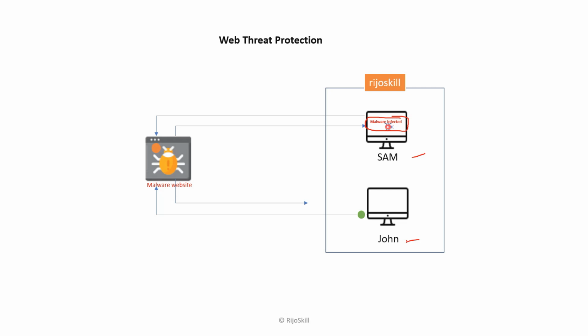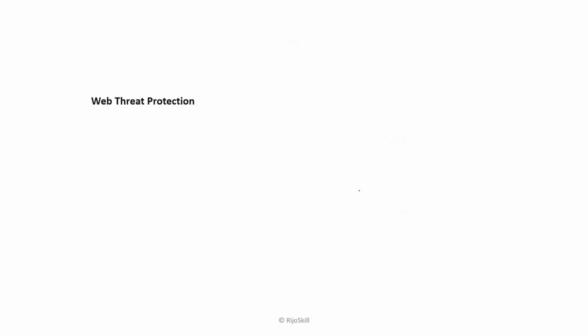The same with John's device. John requests the same website. In return, you can see Defender web threat protection blocks this malware. So now John's device gets the response that the website is blocked due to the Microsoft Defender web threat protection policy. So now you understand what the web threat protection policy is. We will go for a deeper discussion.